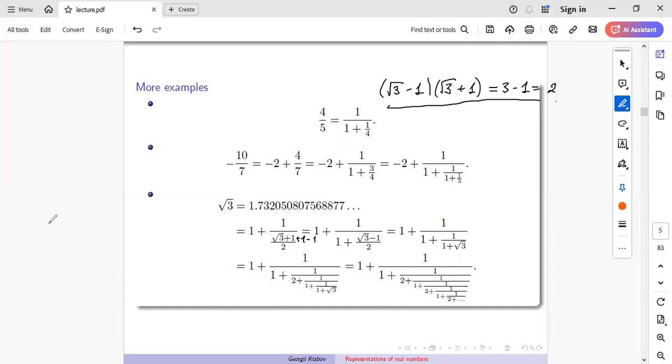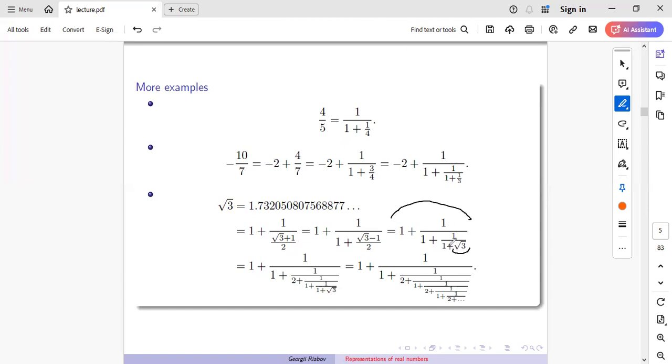And now what we can do, we repeat this. I mean, we substitute instead of root of 3 the obtained representation.